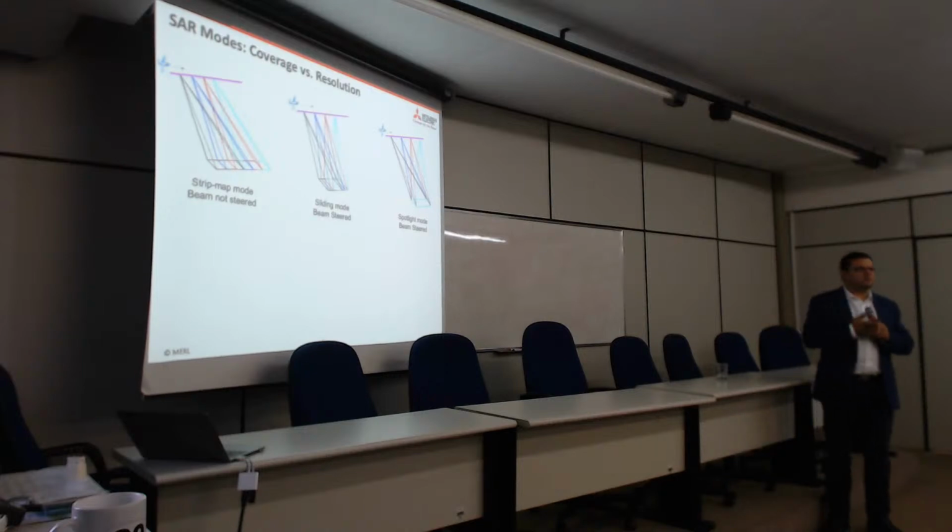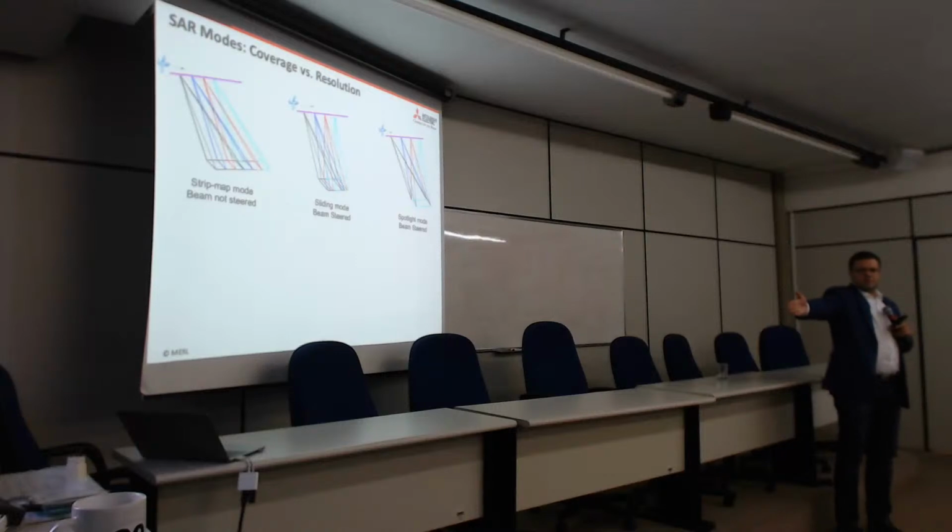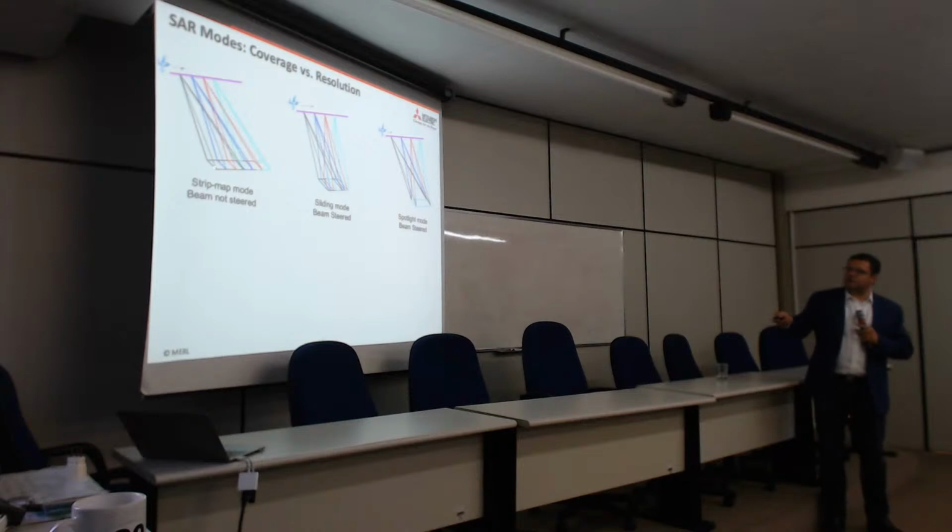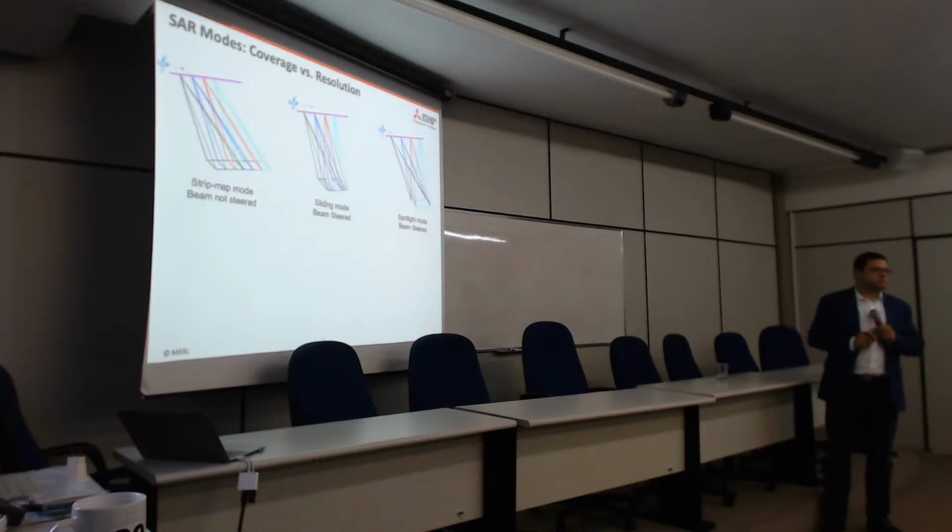And then there's a sliding mode, which is kind of in between. Instead of keeping the beam completely focused on one point, you slide it, but not as quickly as the strip map mode. So you have an in-between size of what you're looking at. But you have a higher resolution than strip map because every point is seen from a wider angle, but not as high as the spotlight mode.